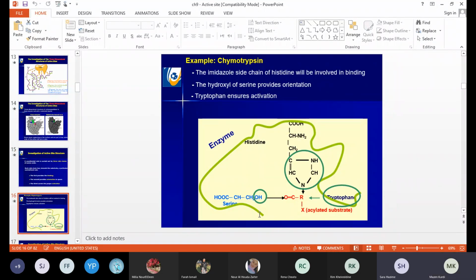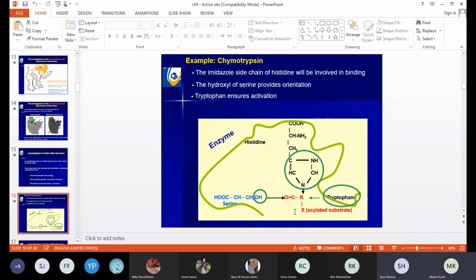We have here an example for chymotrypsin, where you can see the enzyme, chymotrypsin, with a substrate in the active site of this enzyme. You can see that you have the histidine here, involved in the binding of the substrate.